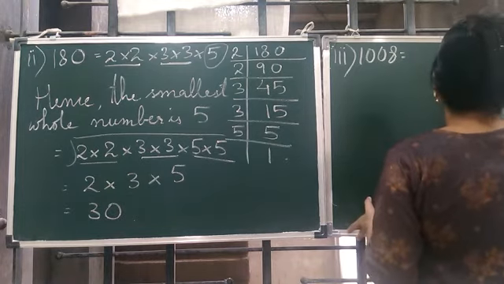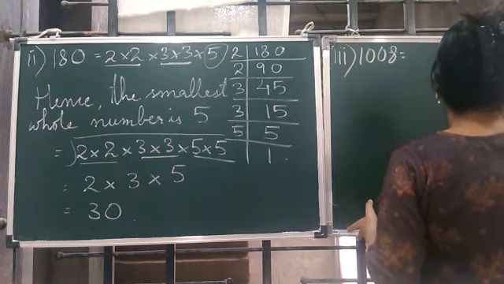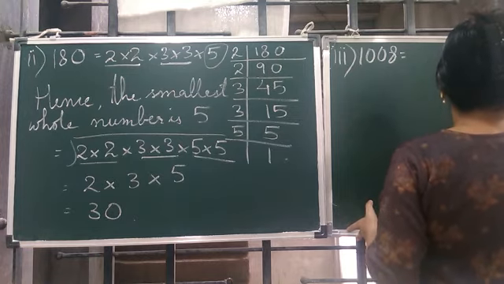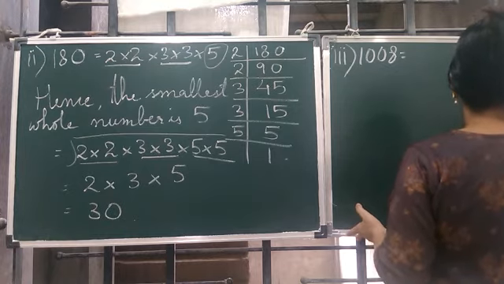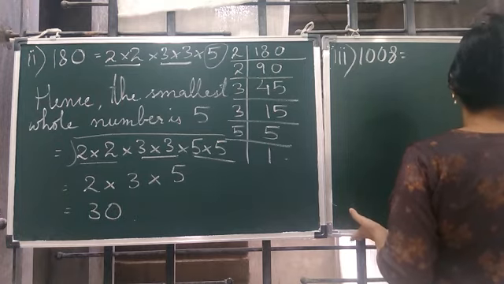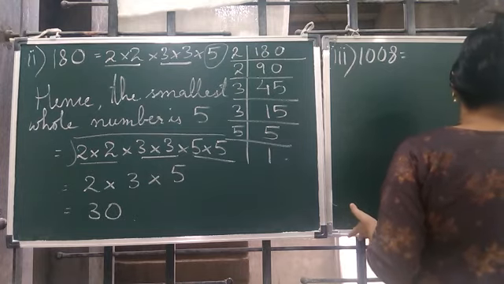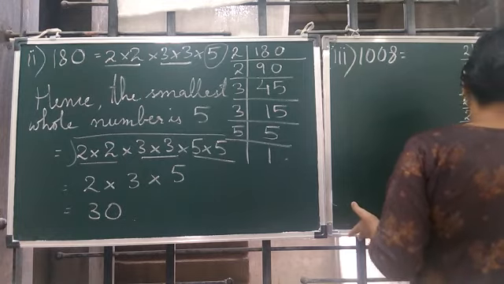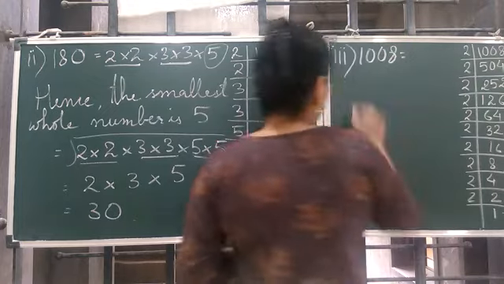Since it's an even number, it will go by 2. 2 5s are 10, 2 0s are 0... Still it will go by 2. 2 1s are 2, 2 2s are 4, 2 6s are 12. Still it will go by 2. 6 are 12, and so on, 16, 8, 4, 2 and 1. So this is the prime factorization.